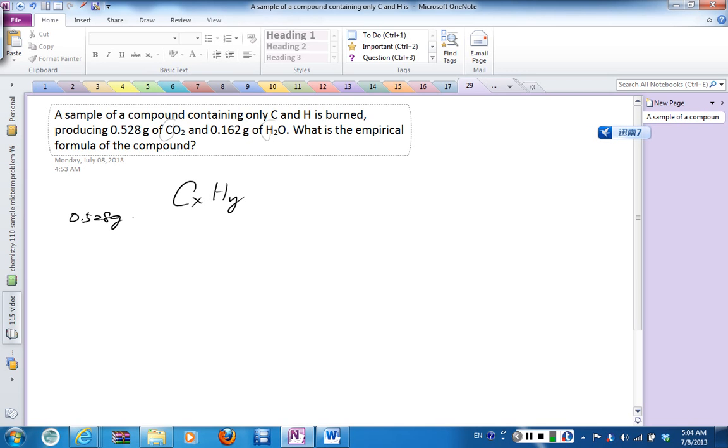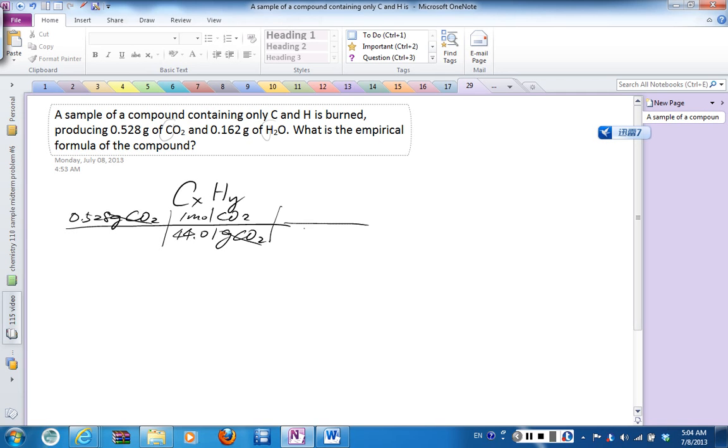So, 0.528 grams of carbon dioxide, and carbon dioxide has a molecular weight of 44.01 grams per 1 mole. And grams cancel, so we would have moles of carbon dioxide.